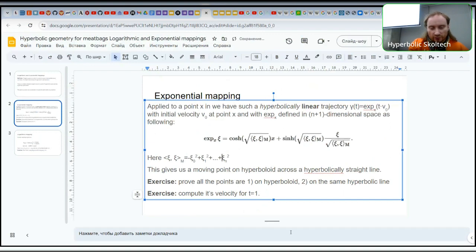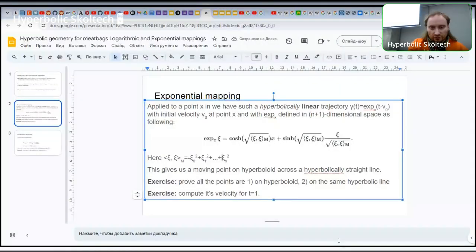So now everything should be fine. So we have to check that this thing, exponent of x psi, when substituted into the Minkowski scalar product, should equal -1, and this was like this.